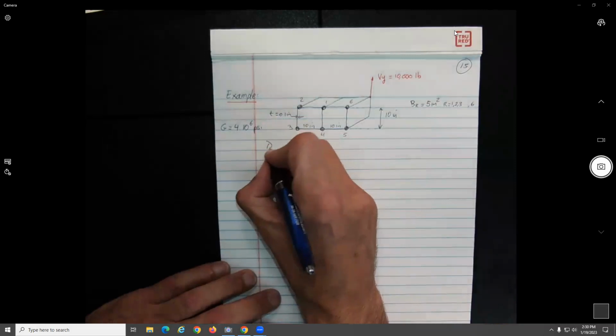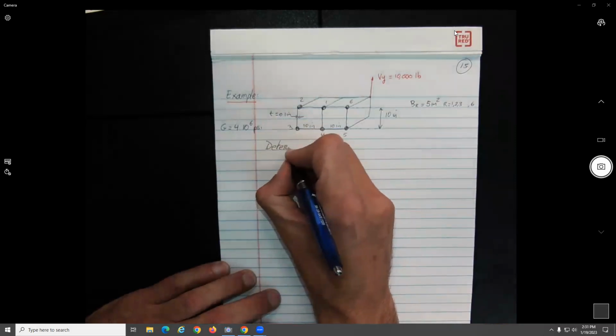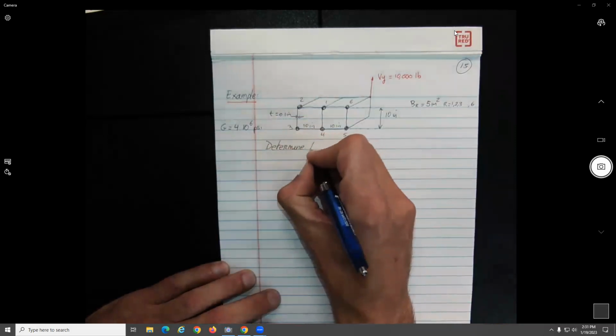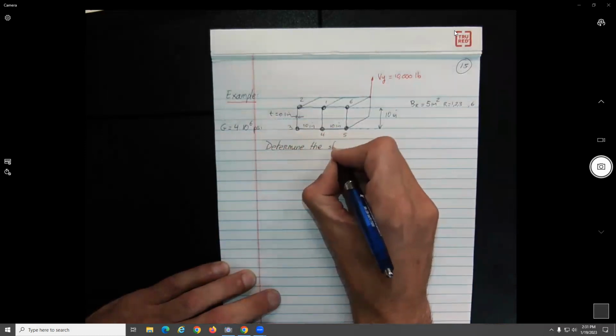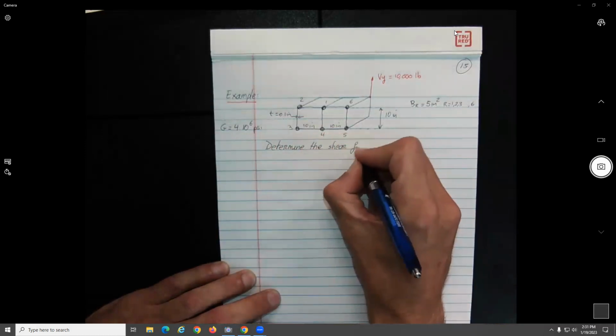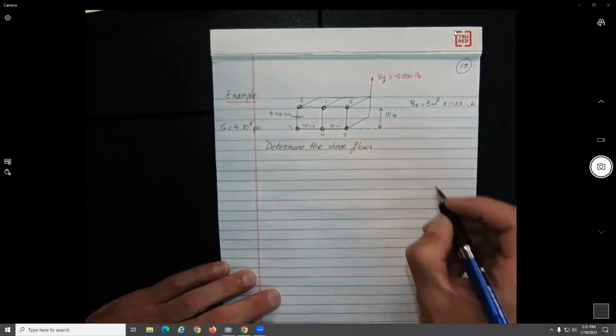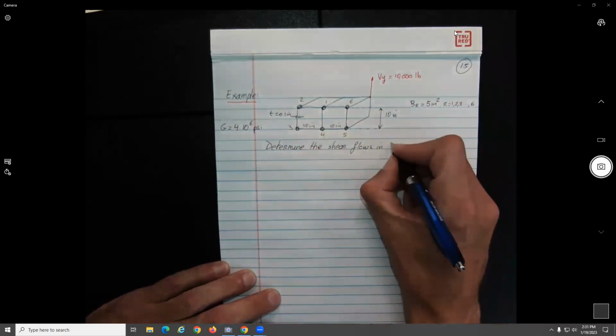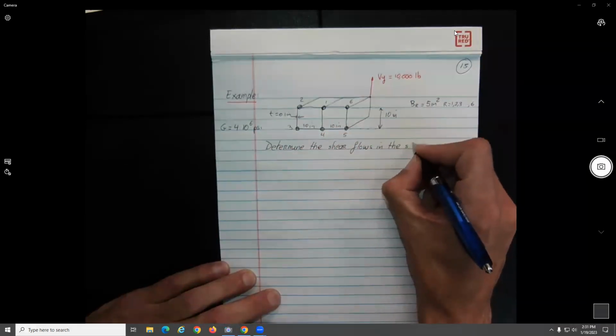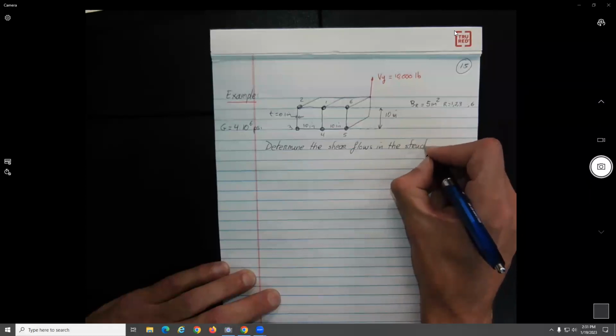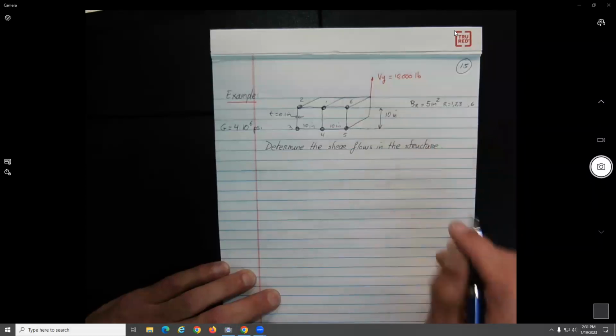So the question is to determine the shear flows in the structure, which is a wing box, if you want.